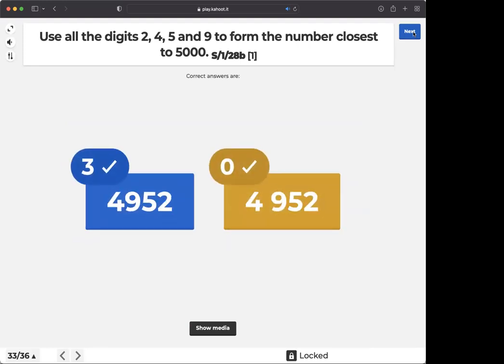Okay, the last 2 students, what's the answer that you submitted and did not get correct?